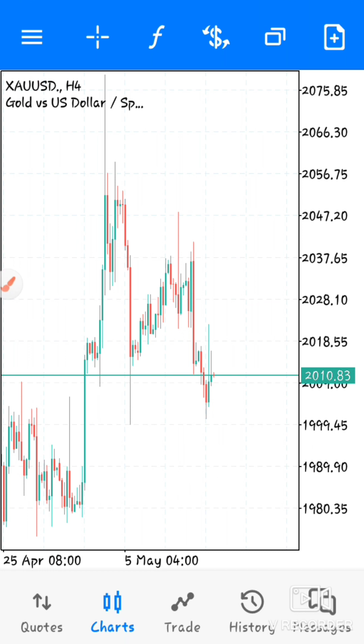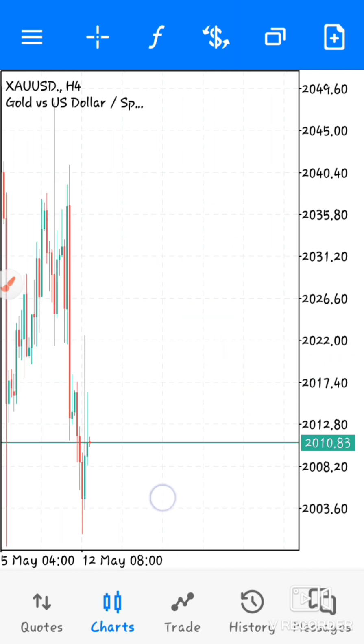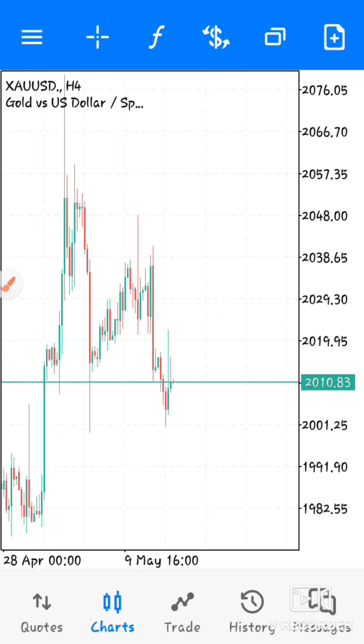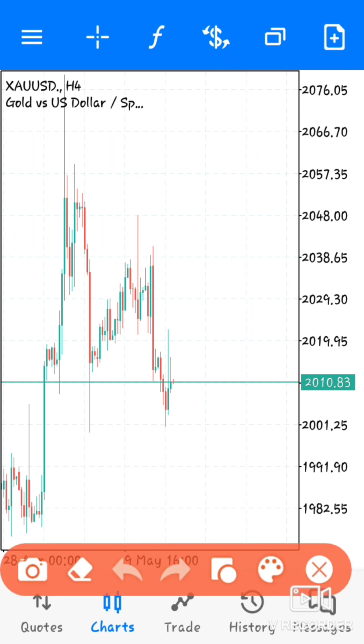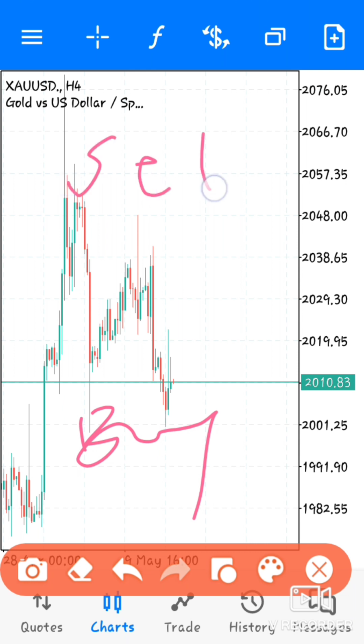But for this video I'll be using H4 to show you how my shadow entry pattern works. And very important, you buy at the support and you sell at the resistance level.